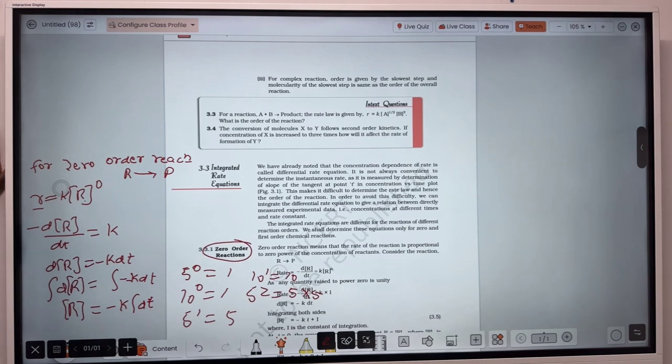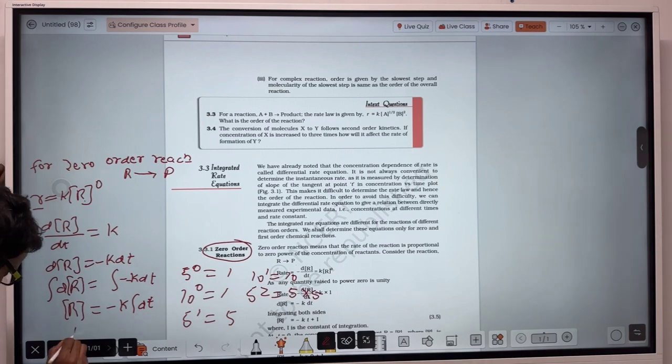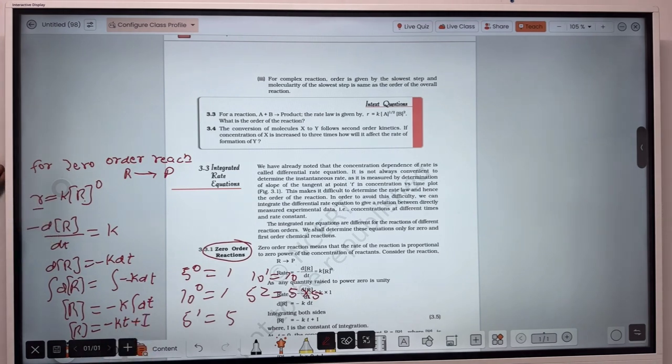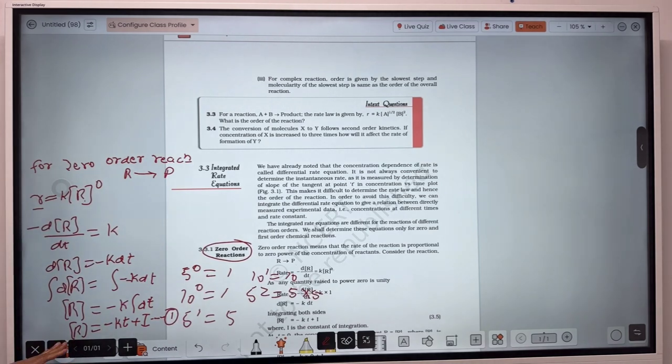The integration of dt will be t plus a constant of integration. So the concentration of reactant R will be equal to minus kt plus the constant of integration. This is equation 1.